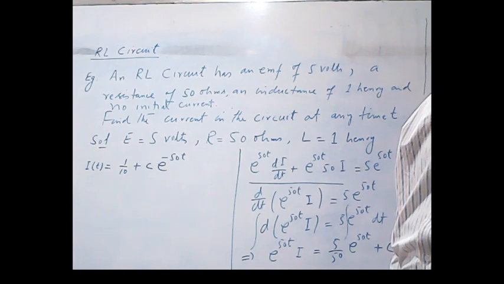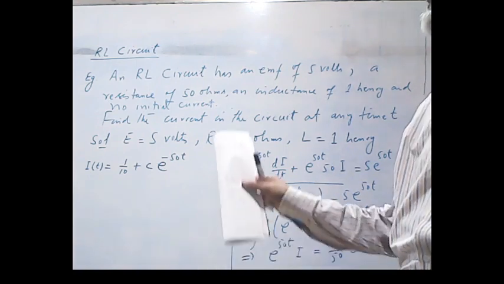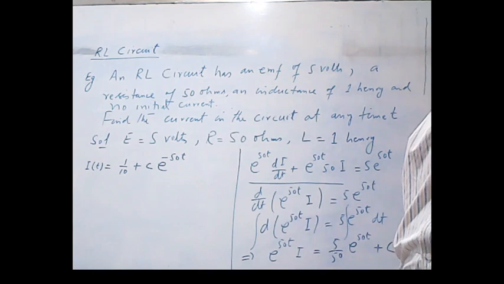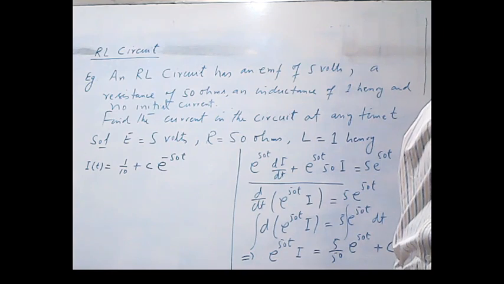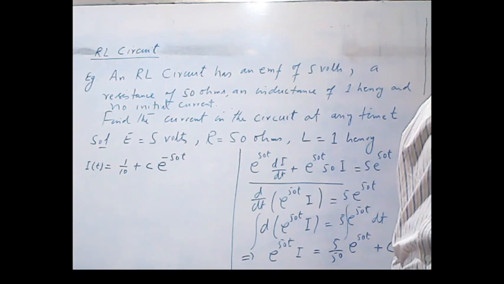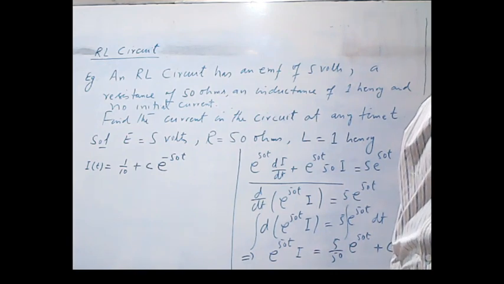So after this we write I is equal to dq by dt. So we get again a differential equation in separable variable form. Shift dt to the right hand side, and dq on the left hand side, and then again integrate, and then you will get the equation in terms of charge at any time t.